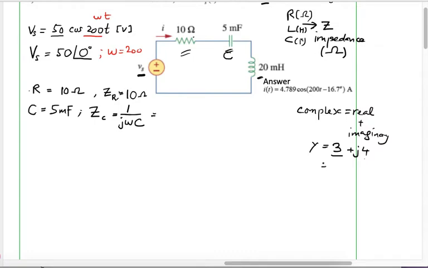You can also write this as 3 plus 4i. In my steps, I'm gonna use this one, because in your calculator, you're gonna key in the sequence 3 plus 4, and then you're gonna find an i on your calculator. I'm gonna teach you later, not in this video.